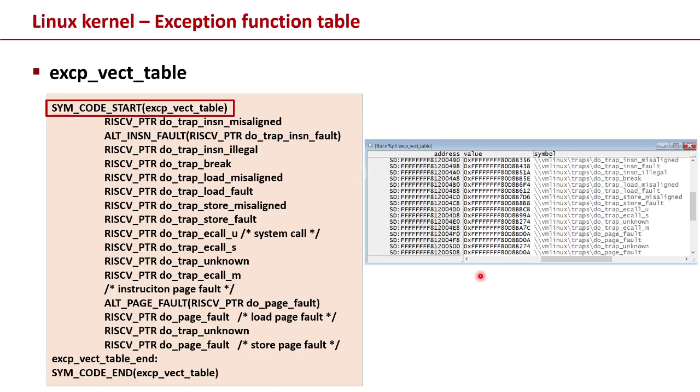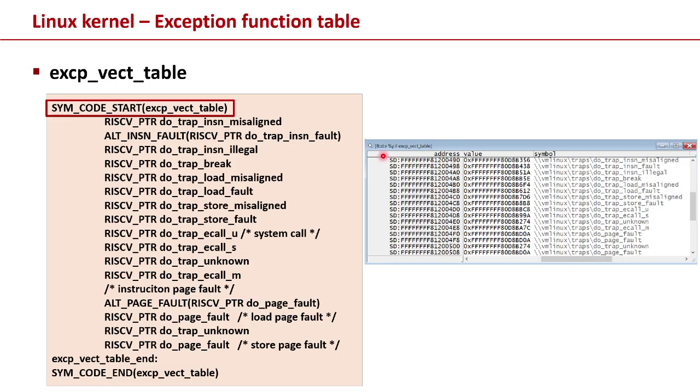So now that you know the general workflow of the trap operation due to an exception, let's take a look at the exception vector table. This symbol is excp_vect_table, and it can be identified using the trace32 debugging program.